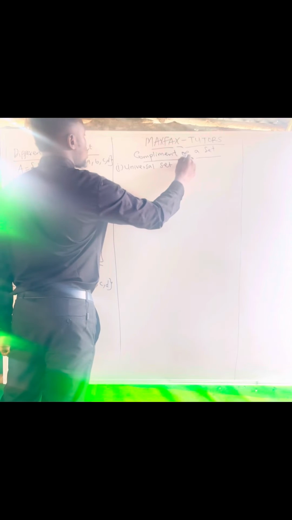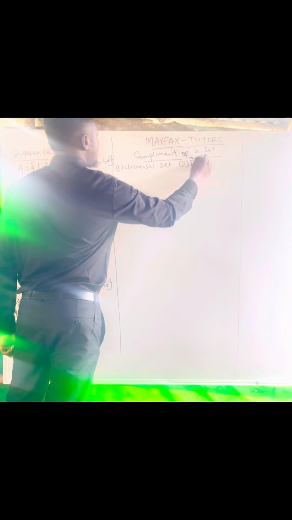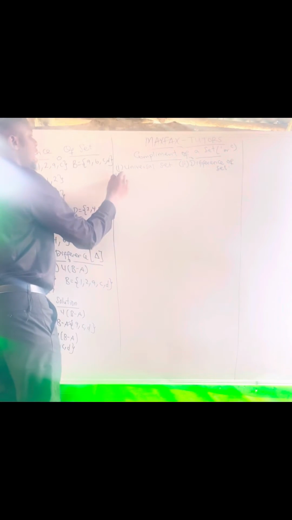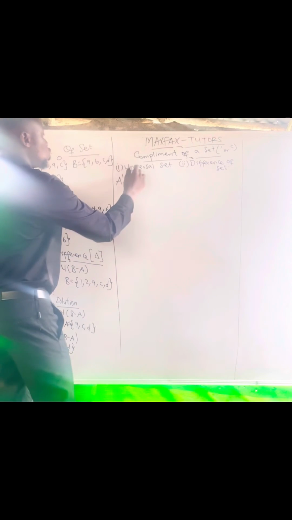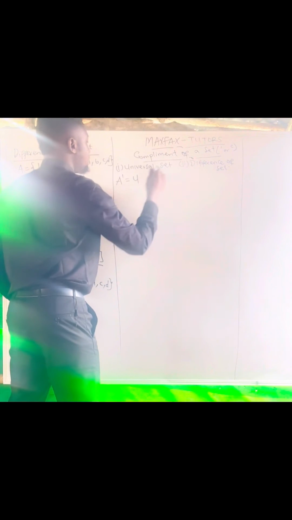And the second thing you have to consider, guys, is the difference of sets. So guys, complement is usually represented as prime or raised to power C. So if you are asked to look for A complement, the general formula for A complement will be universal set difference A.